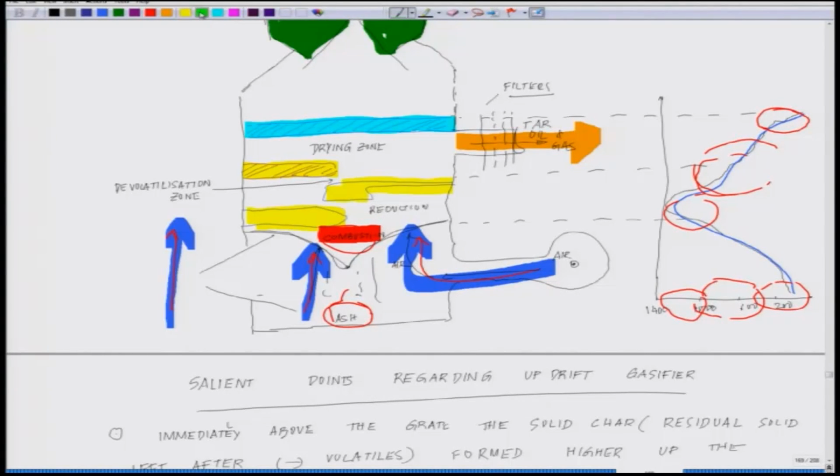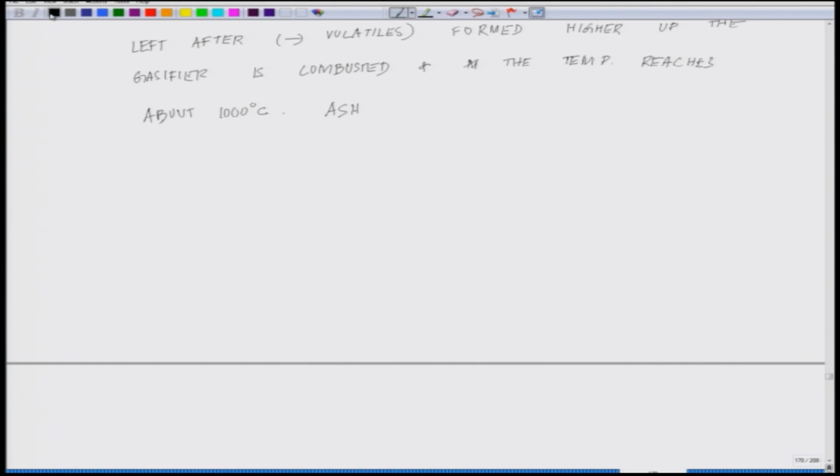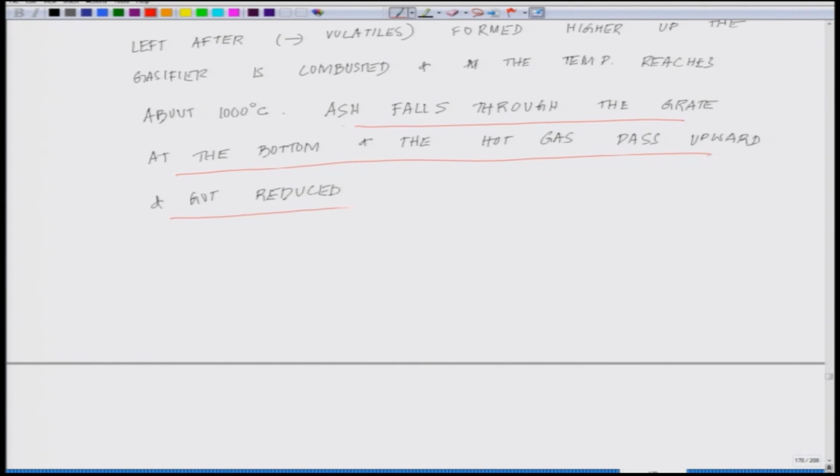So, all the important things, all the major critical aspects, are happening here, and the ash falls through the grate at the bottom, and the hot gas passes upward and gets reduced. This is what you have just now observed.